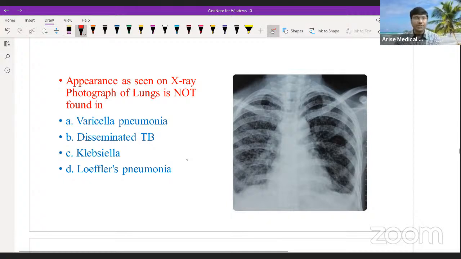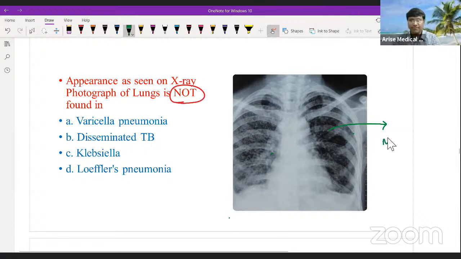The question asked is "not found in." So what is the pattern you are seeing in the X-ray?